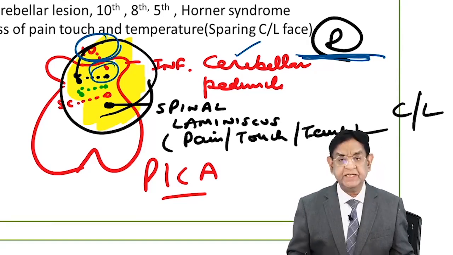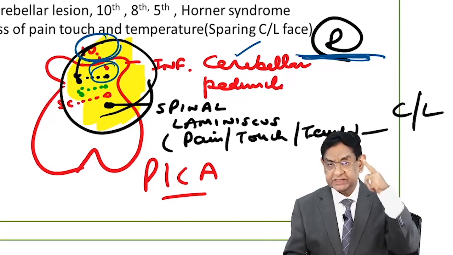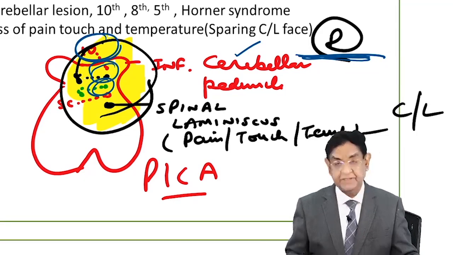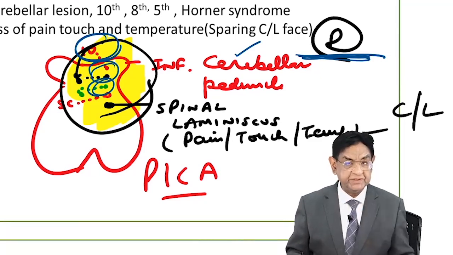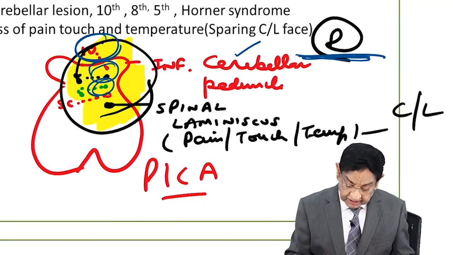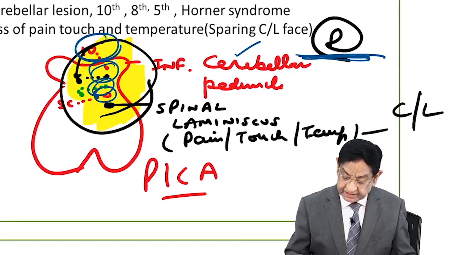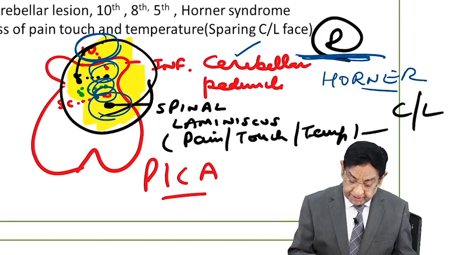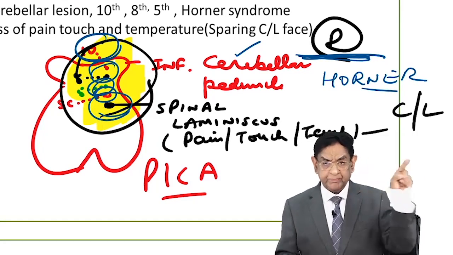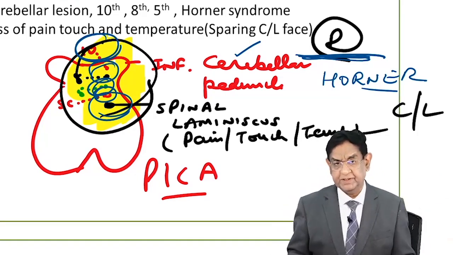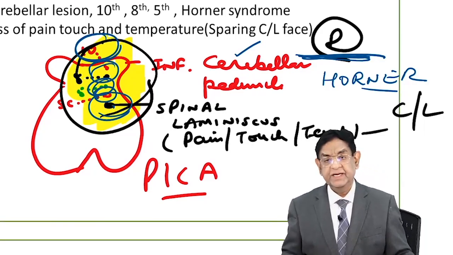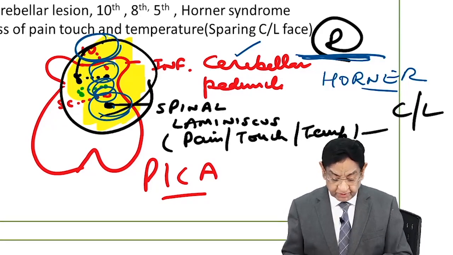Right-sided 8th nerve palsy, the vestibulocochlear nerve. 5th nerve palsy, which supplies the face, and the sympathetic chain, which will lead to Horner syndrome. But there will be contralateral loss of pain, touch and temperature. Why? Because the spinal lemniscus contains fibers from the other side of the body.